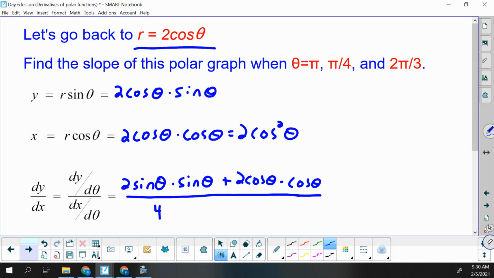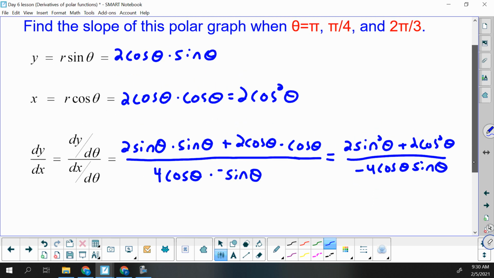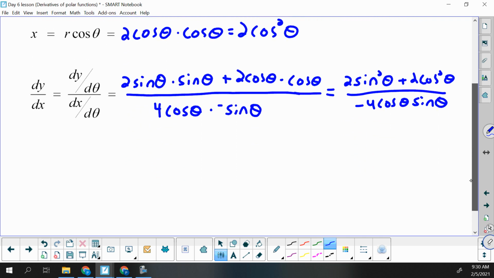So we'll have 4, keeping cos theta the same, times the derivative of cos theta, which is negative sine theta. So neatening this up a little, we can say 2 sine squared theta plus 2 cos squared theta over negative 4 cos theta sine theta. And we are going to use that to find our slope at each of those values of theta, at pi, pi over 4, and 2 pi over 3.